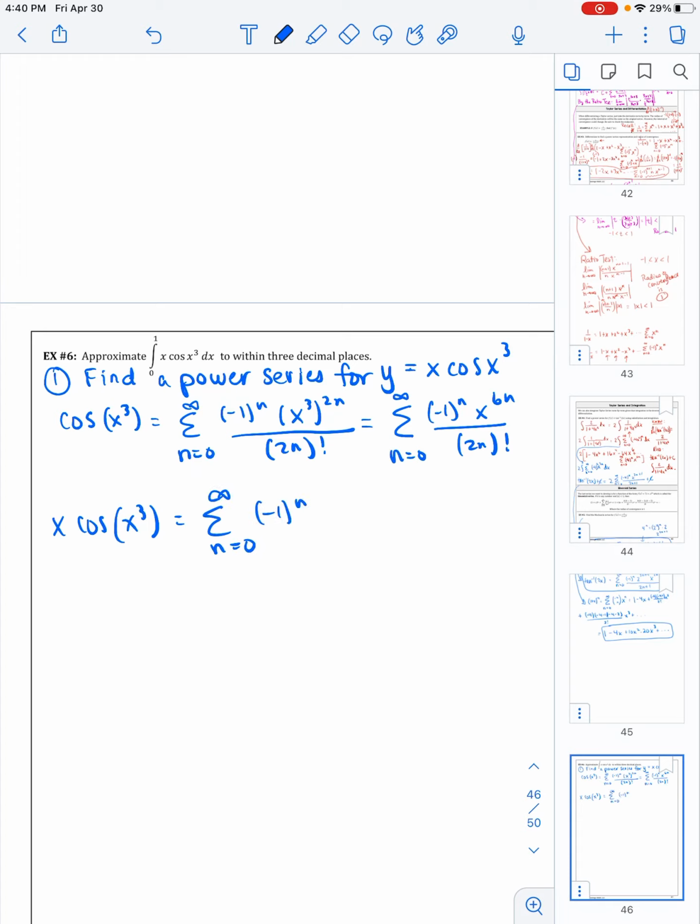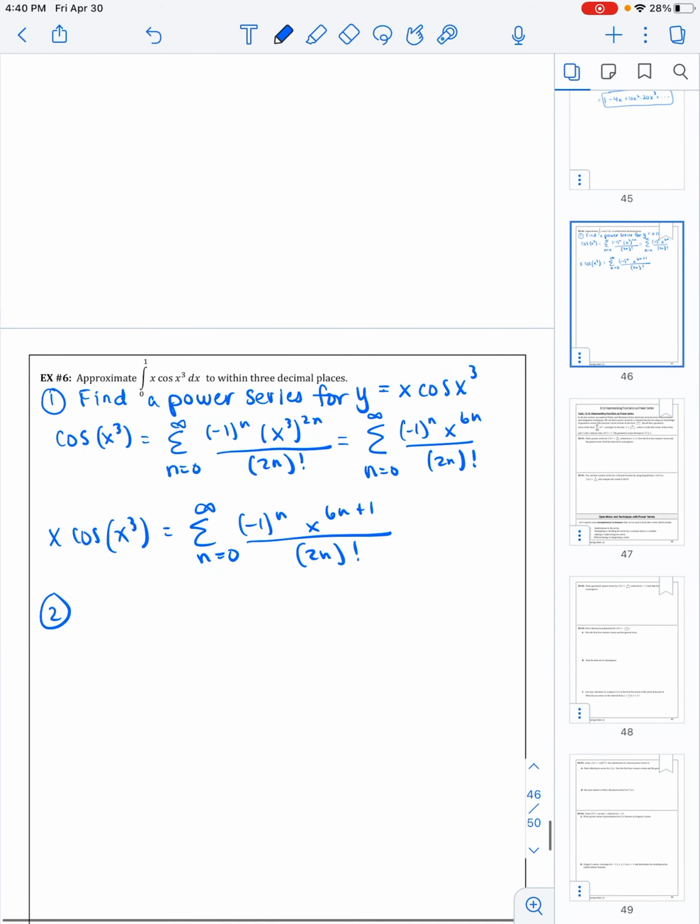Okay, so that was our step 1. Now, if we then multiply by x, this is going to be x to the 6n plus 1.